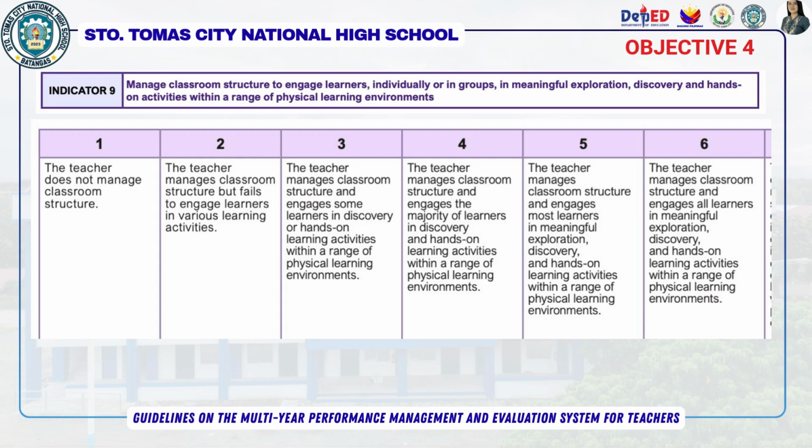To hit the proficient stage, level 5, you must effectively manage the classroom structure and engage the majority of learners in meaningful exploration, discovery, and hands-on activities. The ultimate goal, level 6, is engaging all learners in this meaningful hands-on work. Your physical setup, whether it's grouping, station rotation, or lab work, must directly facilitate that maximum engagement.